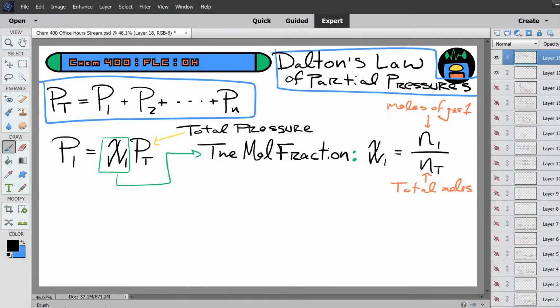Where you see it played out or used is often, and this will tie into what we're about to talk about in lecture on Wednesday, gas evolving reactions for acids and bases.